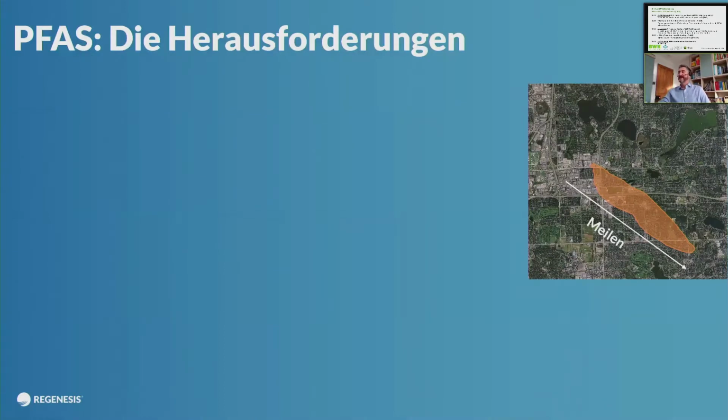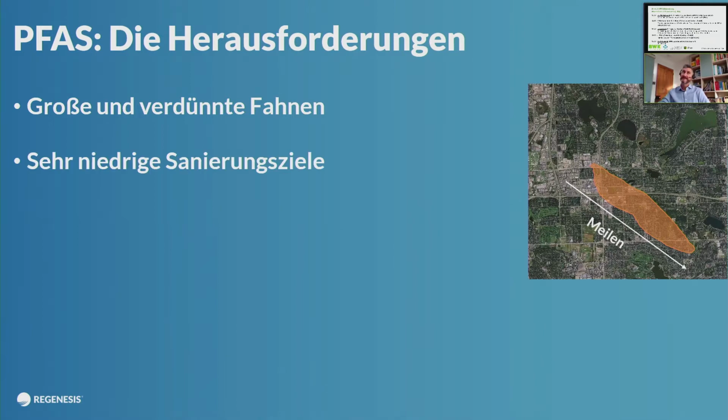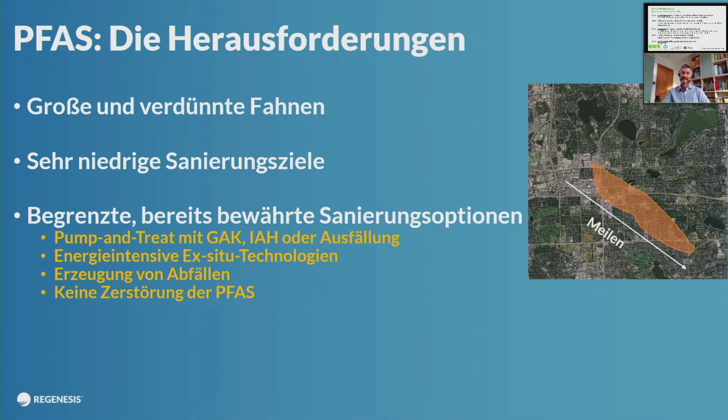So PFAS, very briefly, we all know the issues in groundwater. You get very large, widespread contamination, and that contamination is low concentration, but with even lower targets. So it can be very difficult to treat. There are limited options at the moment, although lots of people are developing them, and there are going to be many different solutions, I'm sure, to this problem.